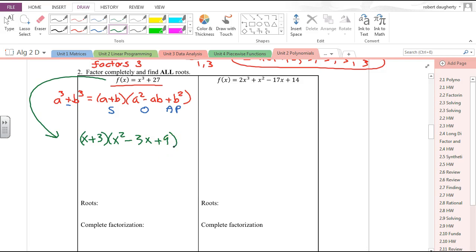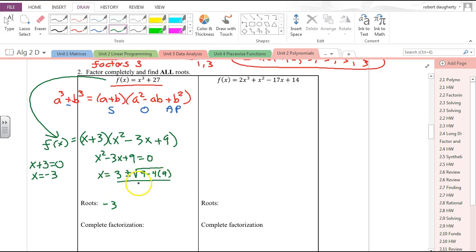So to find all of the roots, so this is our polynomial f of x, you set each factor equal to 0. So when x plus 3 equals 0, that means x equals negative 3. So that is one of my roots. When x squared minus 3x plus 9 equals 0, quadratic formula, x is going to be 3 plus or minus the square root of 9 minus 4 times 9, over 2.